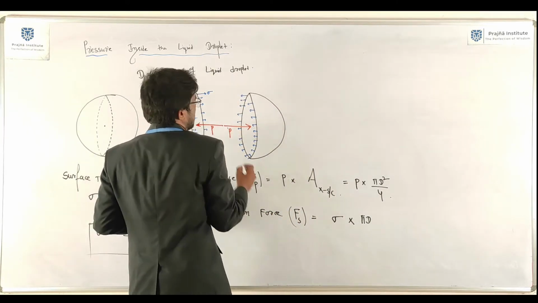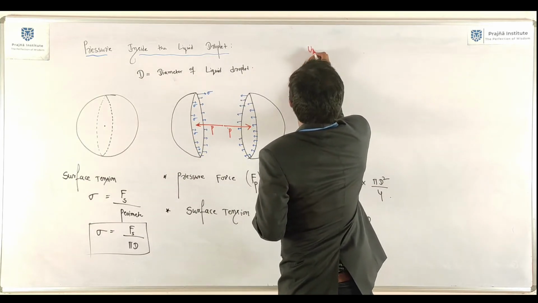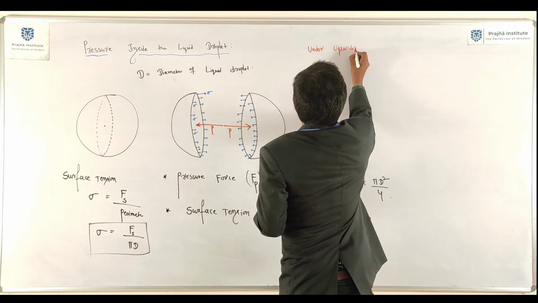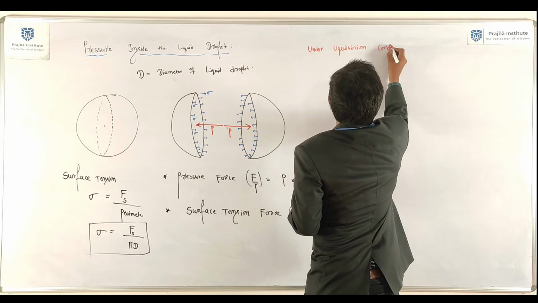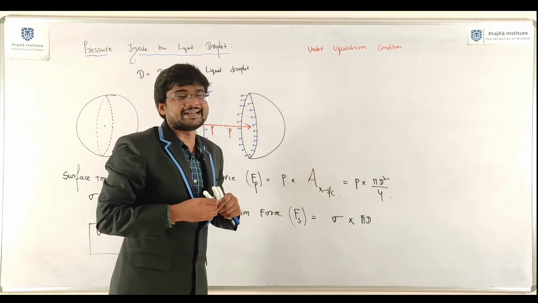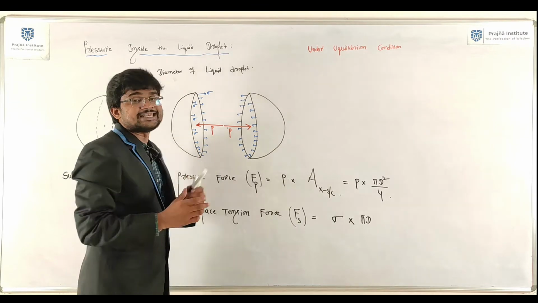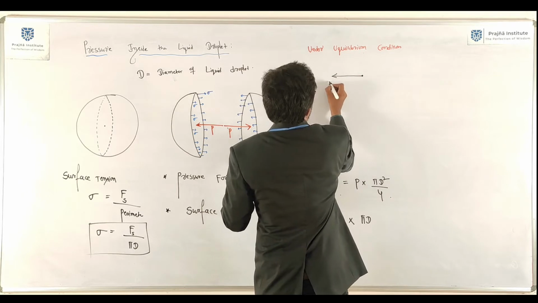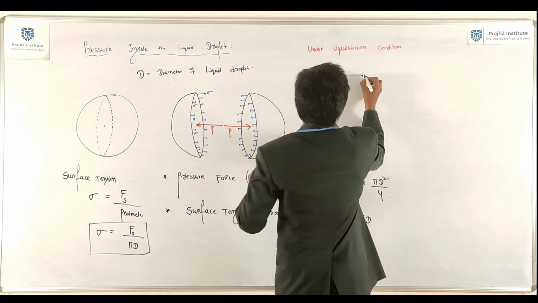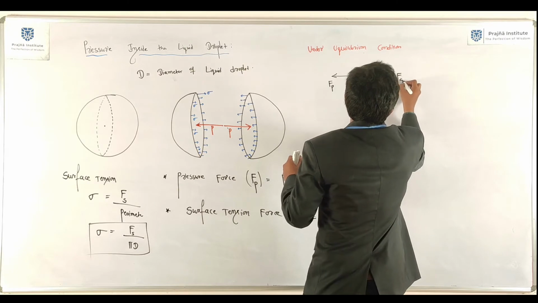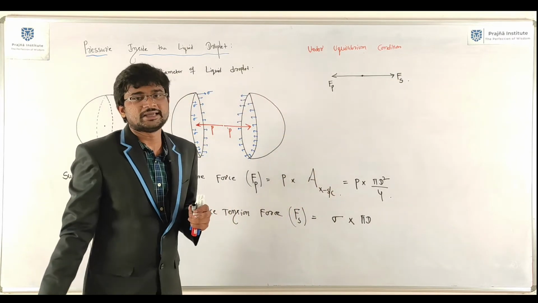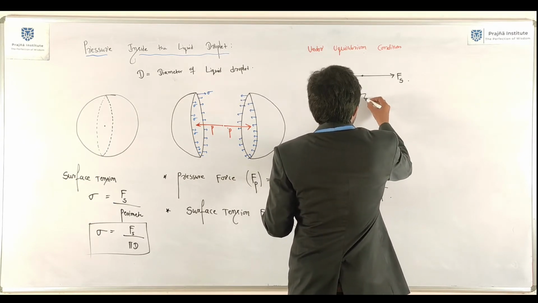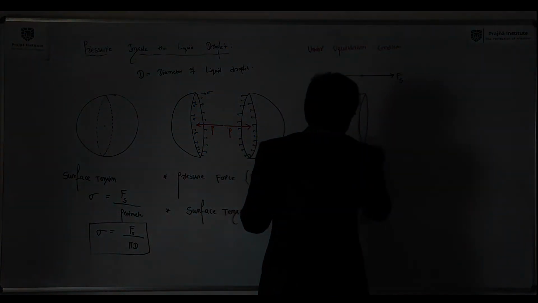Under equilibrium condition, pressure force equals surface tension force. Here pressure force is acting in this direction, surface tension force is acting like this. Consider half of the liquid droplet.